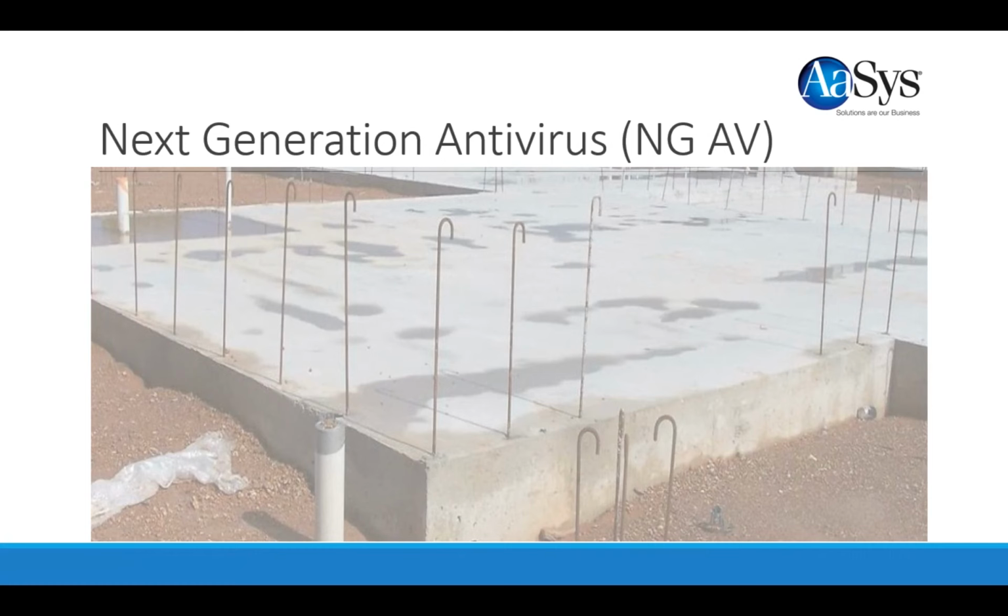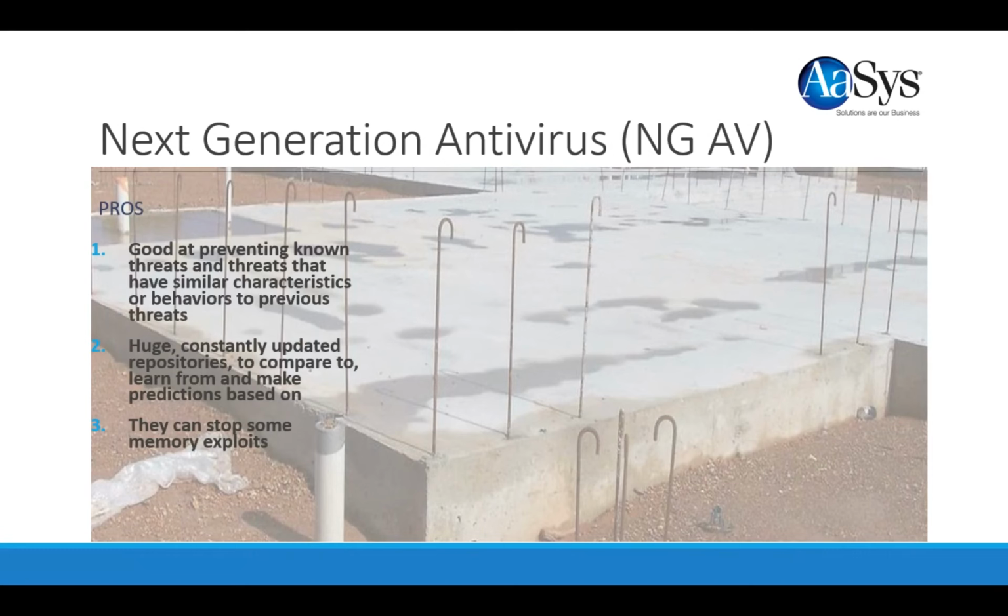Next gen antivirus is very good at quickly identifying and containing known threats and their variants. The databases of information from which the AI and machine learning draw are huge and generally comprehensive. I'm sure you've all seen with your own antivirus the number of threats it stops. But it does have some limitations.